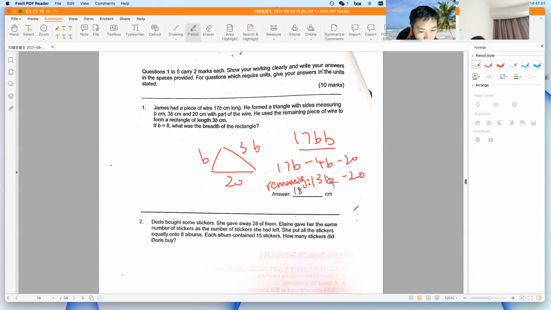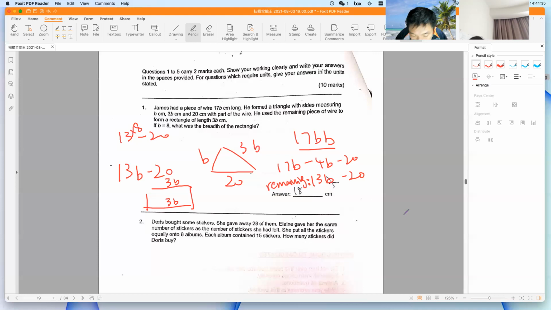Then to form a rectangle of length 3B. So the rectangle is 3B here, 3B here. If B is equal to 8, what was the breadth of the rectangle? So this is 8. So it's 13 minus 20 of times 8 first.